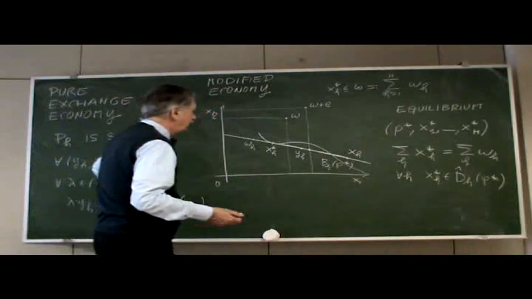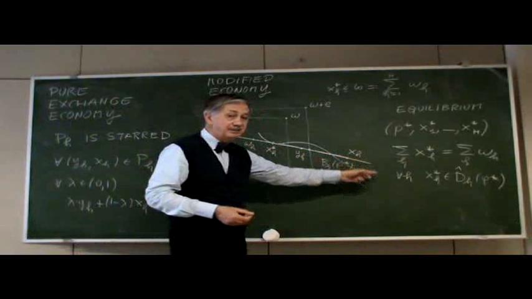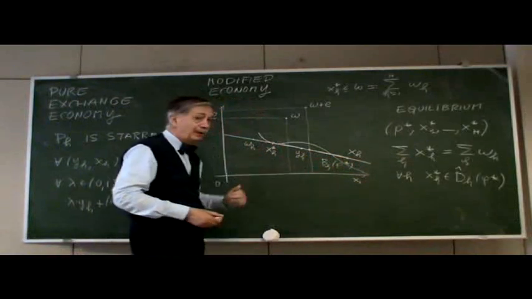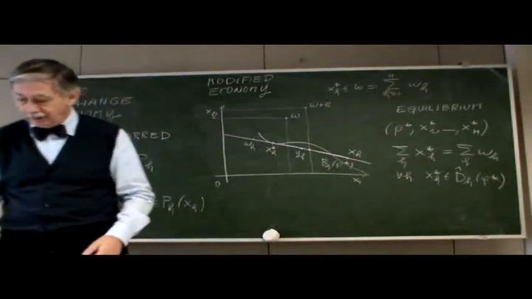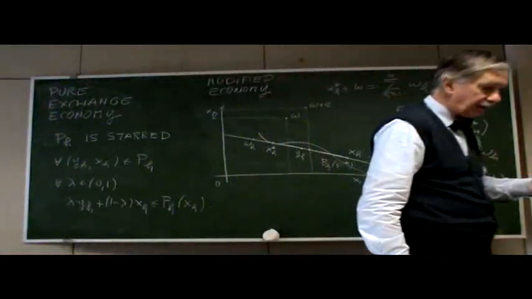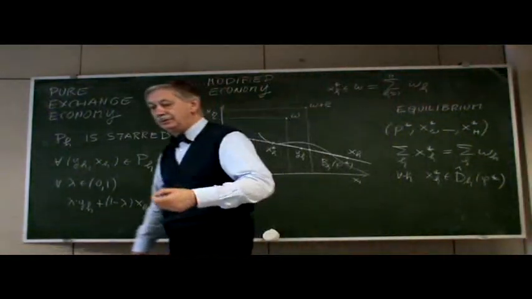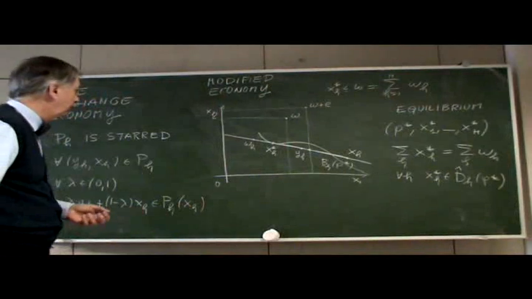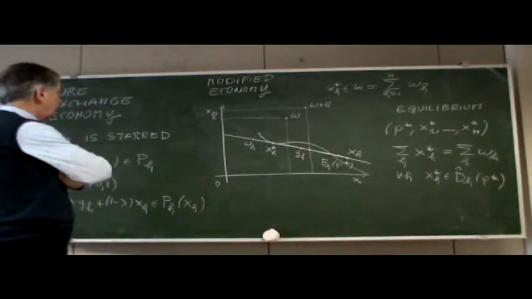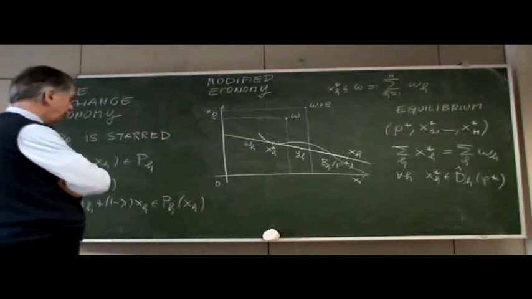Question: is it possible that in the real budget constraint there is a vector XH which is preferred to X star H? If it were the case, when you pass from the truncated budget constraint to the real one, the optimal point ceases to be such. It is not the optimal point in the real budget constraint.